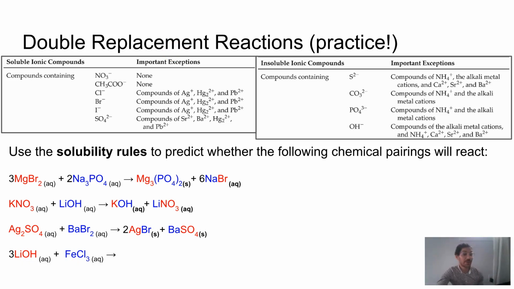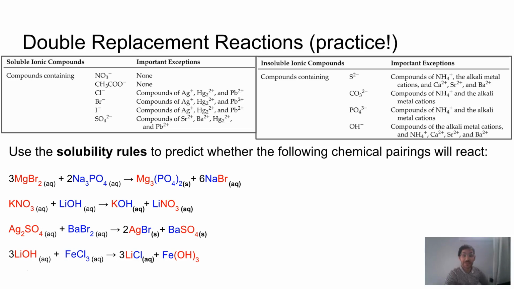What about this next one? Well, we're going to pair lithium with chlorine and our OH hydroxide with iron. What about lithium chloride? Chlorides are generally soluble unless they're partnered with these, which they're not. And remember, alkali metals are pretty much always soluble, and lithium's an alkali metal. So this is doubly good to go. That's aqueous, and let's balance that out.